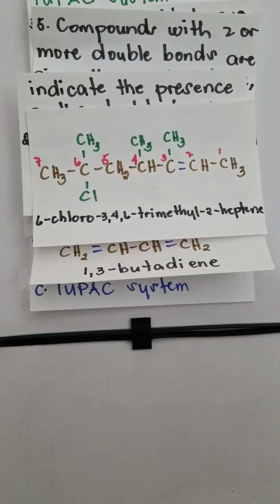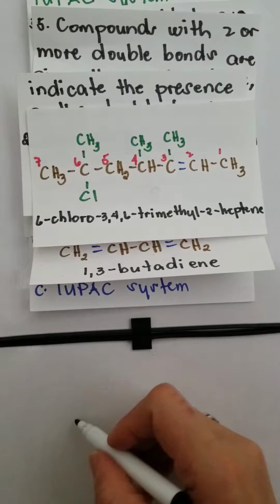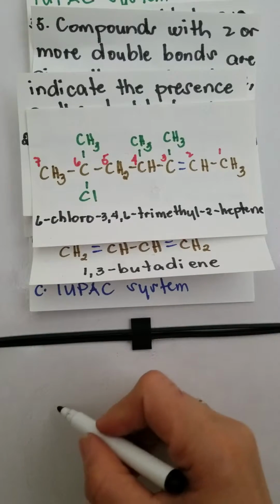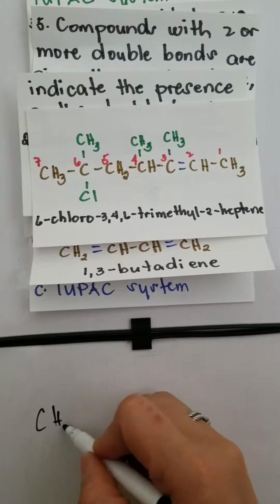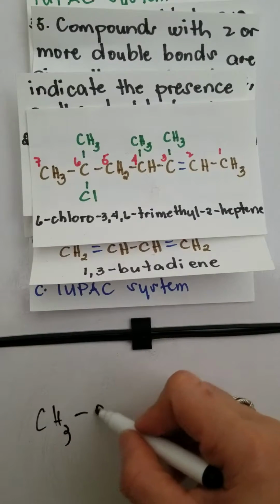Alright, so another example that I could give you for the summary of the IUPAC system of nomenclature: you have the CH2, then CH3, dash 1.